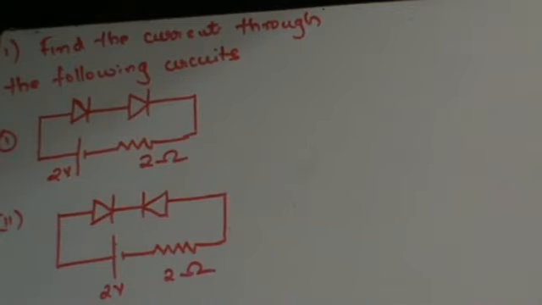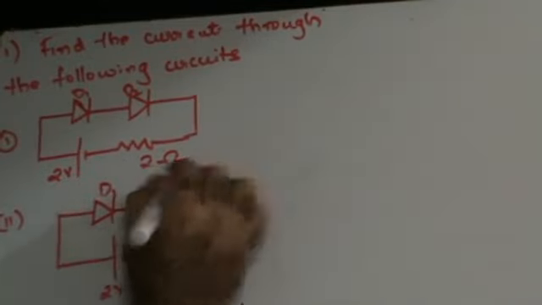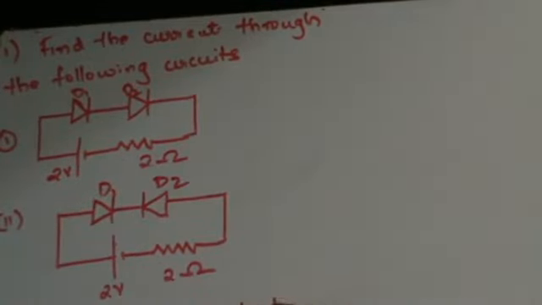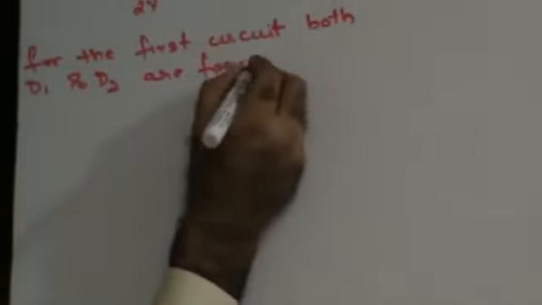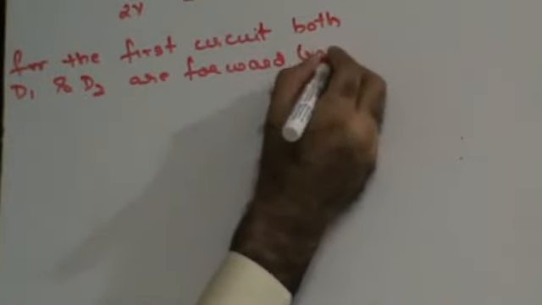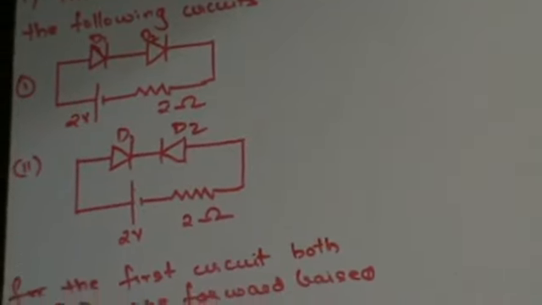For the first circuit, let's assume this is diode D1, this is diode D2. In the first circuit, both D1 and D2 are forward biased. You can see that the P-type region is connected to the positive terminal of the battery. That means both the diodes are forward biased.